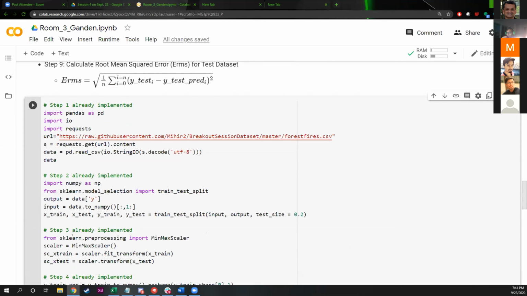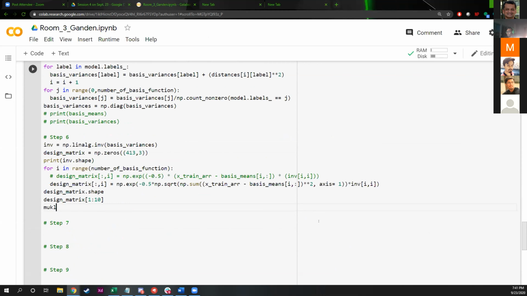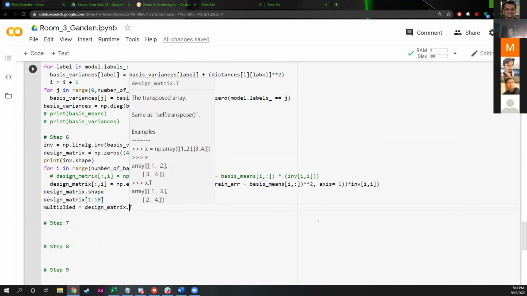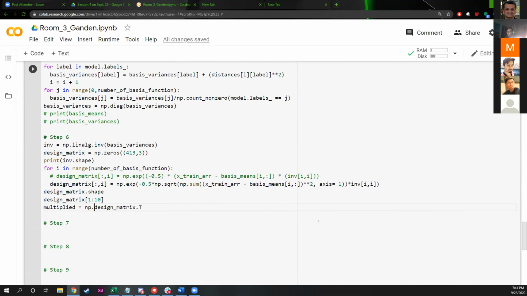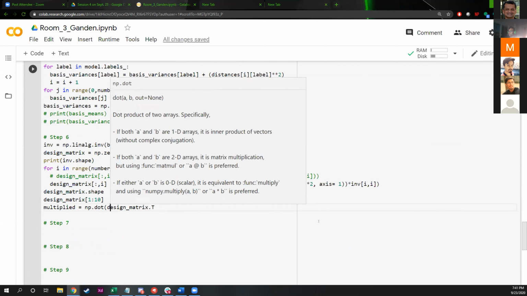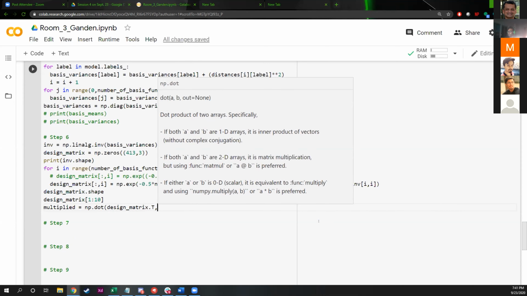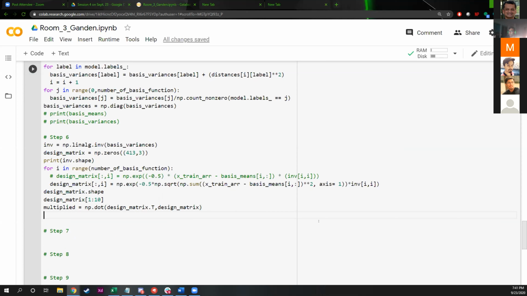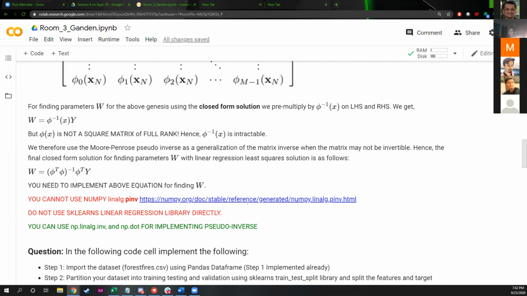So multiply, I'll just make a variable multiplied equal to np dot design matrix dot t comma design matrix, right? And then we just do, we're finding the W, right? Yep, we're finding the W.